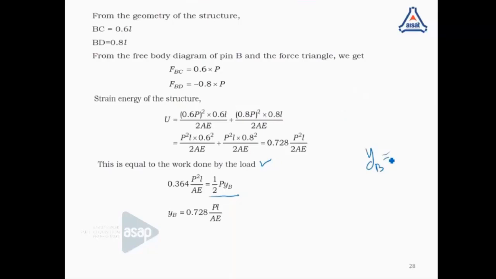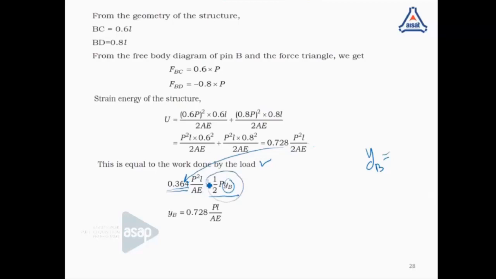YB is the unknown. So 0.728 by 2, which we have taken as 0.364 P square L by A E. This is a standard expression which we have taken from the previous slide.